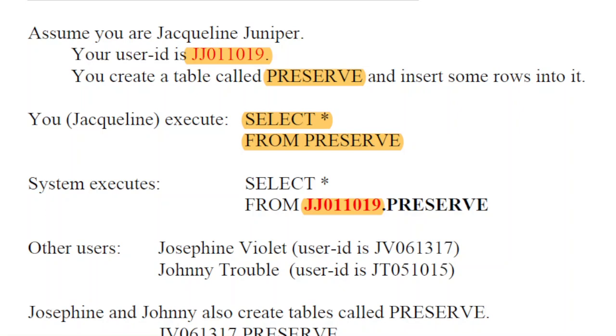Comment: sometimes this user ID is also a schema name, which I won't discuss now. There's a relationship between user IDs and schema names. Let's just keep it simple for now.